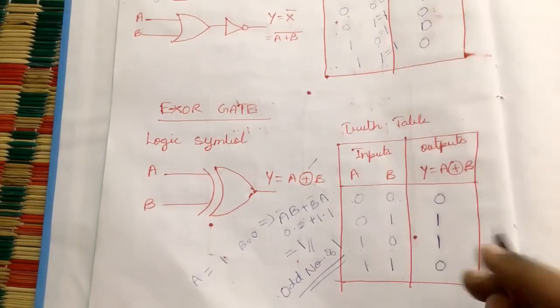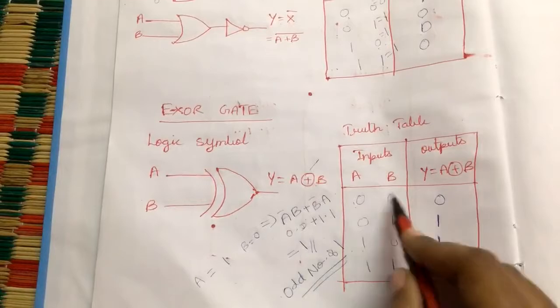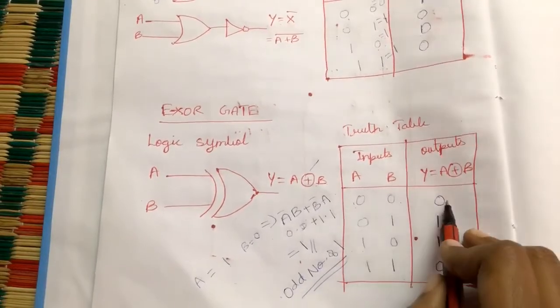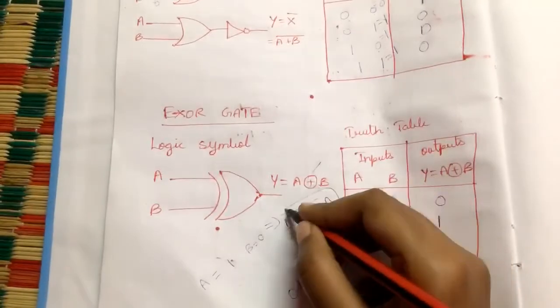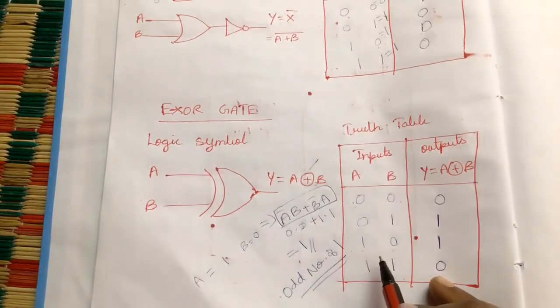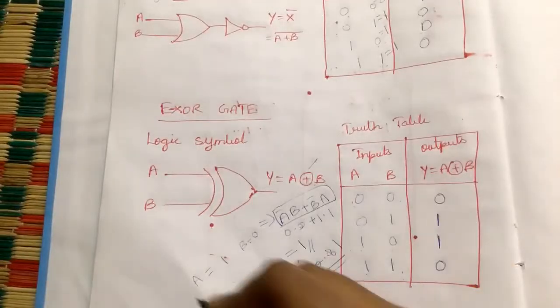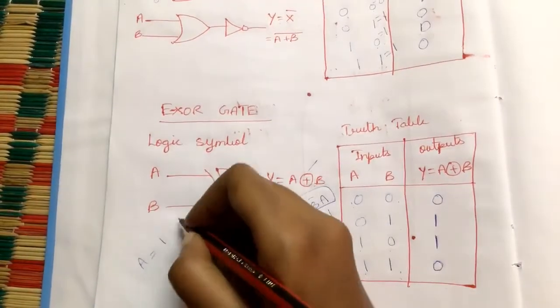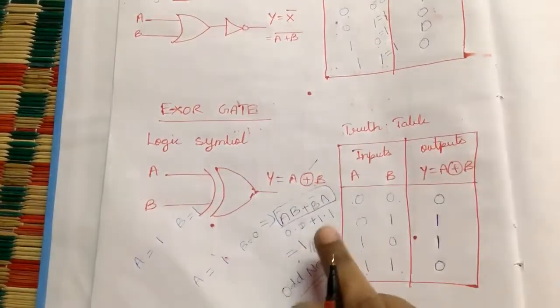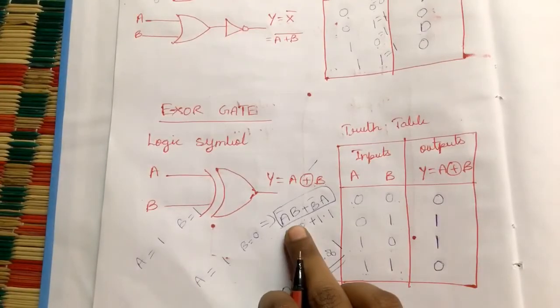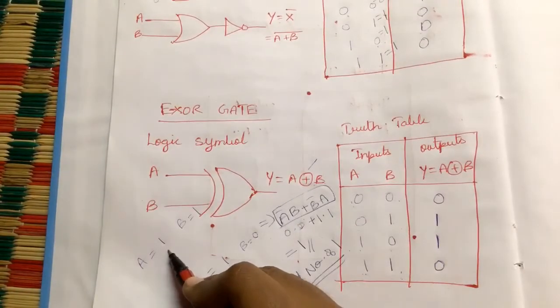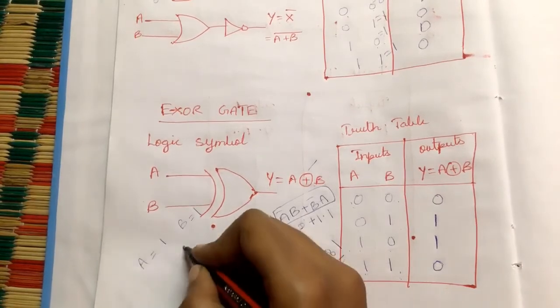So you may also substitute in this formula. No need to confuse this input with the output. You can apply it to each and every value. Suppose I am taking the combination of 1 1. So A is equal to 1, B is equal to 1. I am substituting in this and I will show. So A bar: what is the value of A? 1. So A bar is 0.